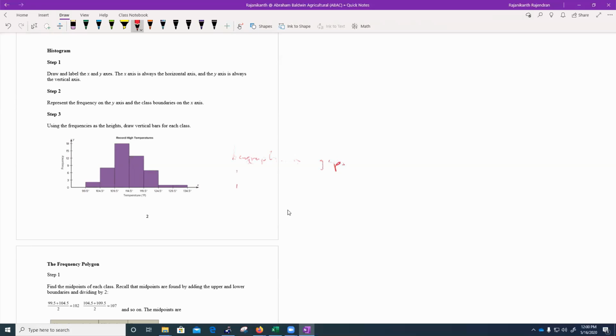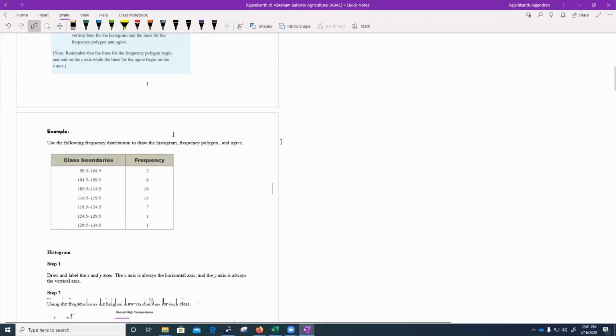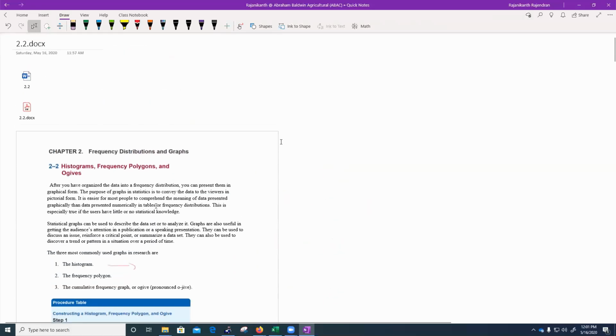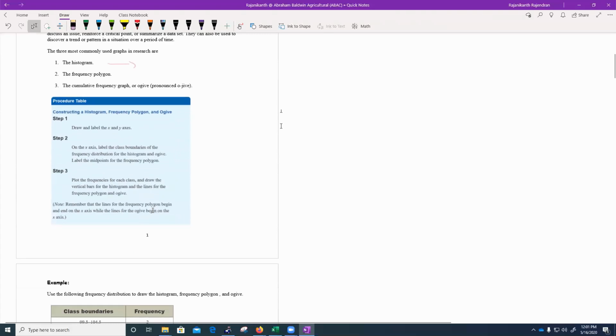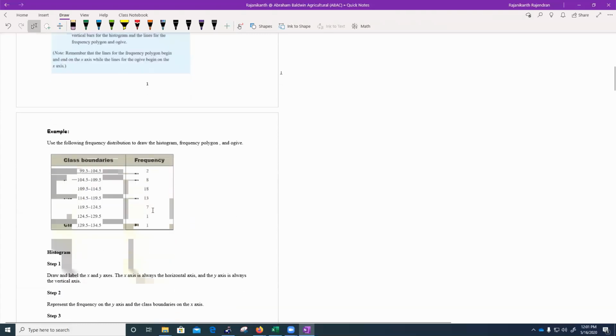But in a histogram, there is no gap between two adjacent blocks.